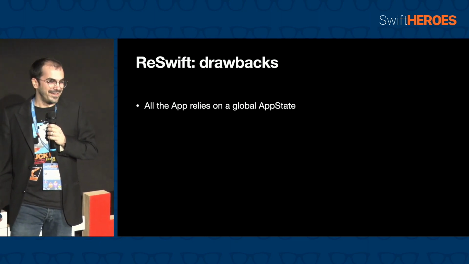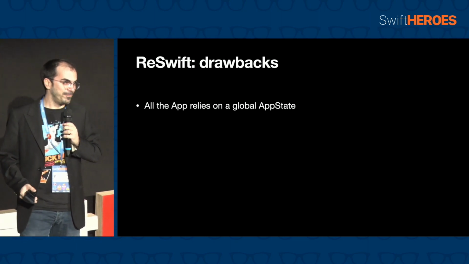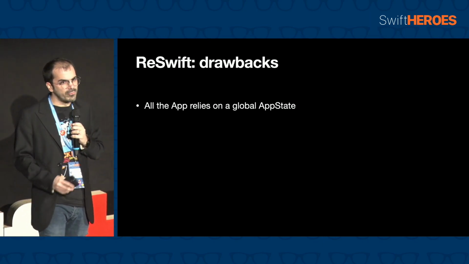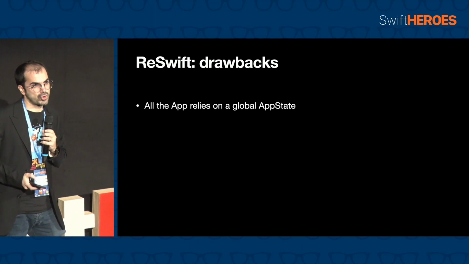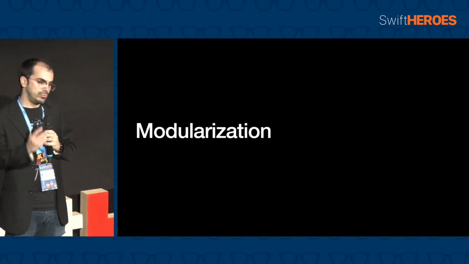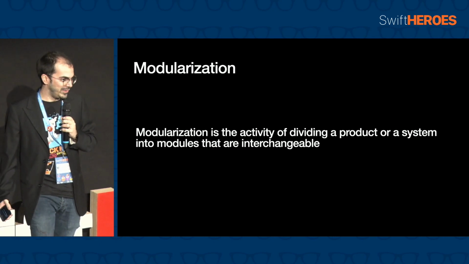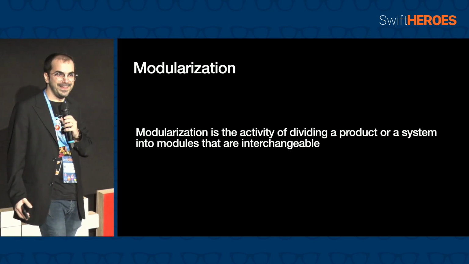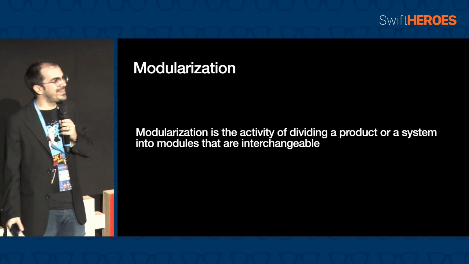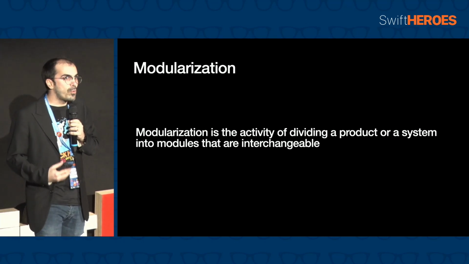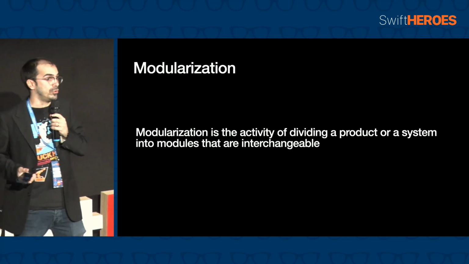Let's see this in particular, but before answering this question, I want to give an overview of what modularization is. I copy-pasted this definition, maybe from Wikipedia or Google: modularization is the activity of dividing or splitting a system into submodules in a way that they are interchangeable.